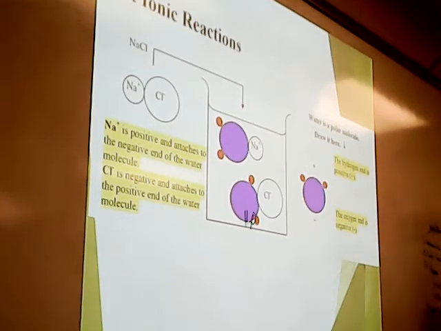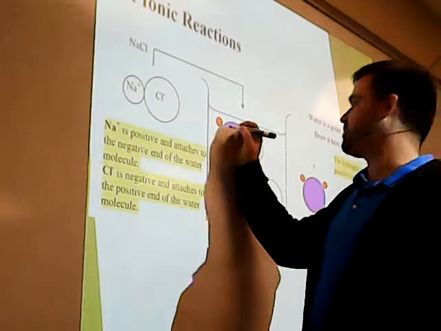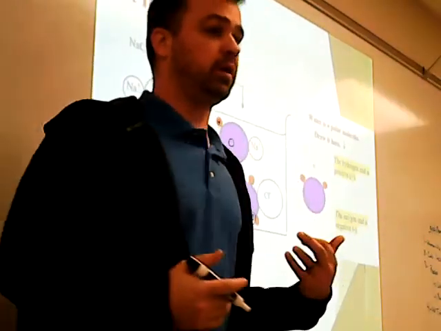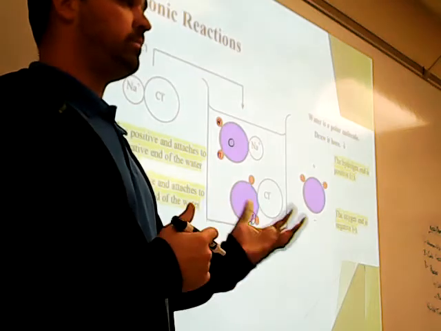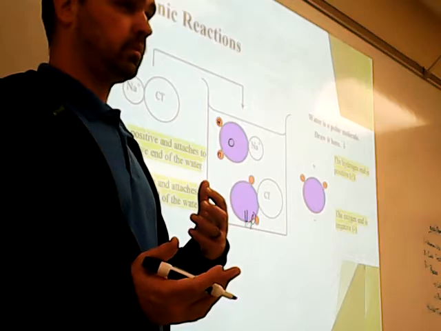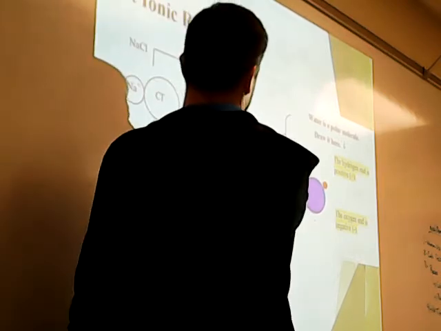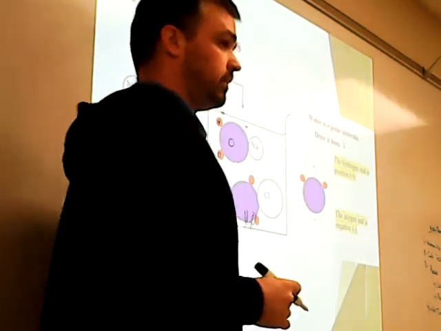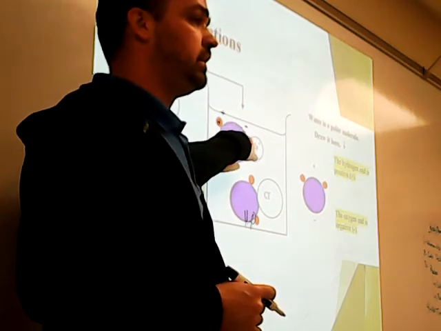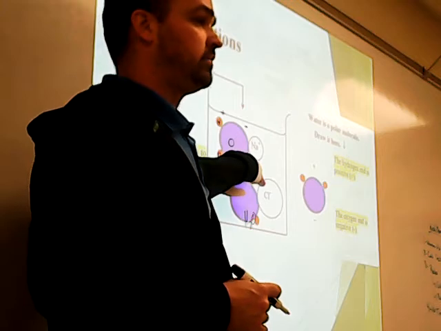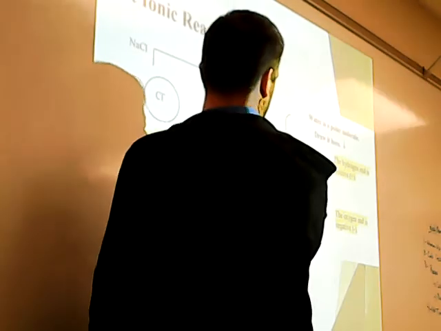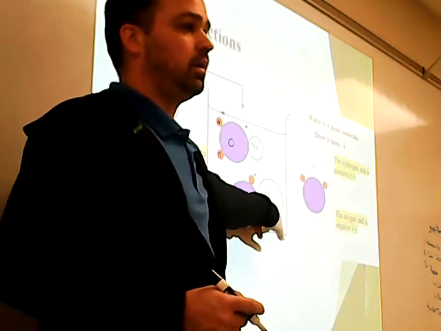All right? So what happens here is we have H2O. And in the covalent unit, we learned that molecules can be polar or nonpolar, right? Water is polar, which means it has a negative end and a positive end. The negative end of the water attaches to the positive end of that compound, and the positive end of the water attaches to the negative.